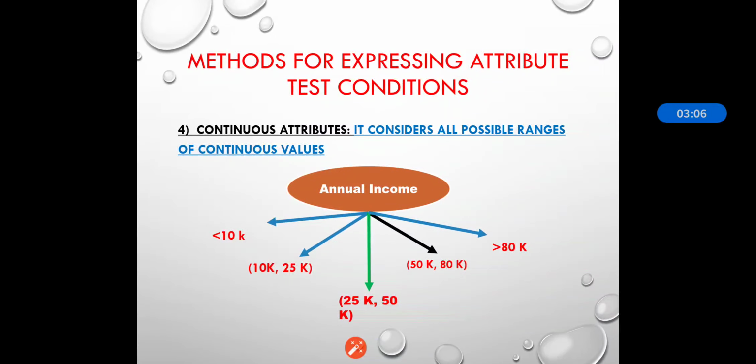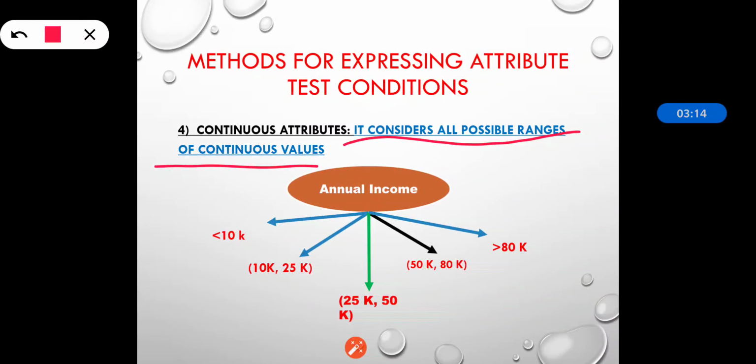And the next one is the continuous attributes. The continuous attributes consider all possible ranges of continuous values. The test condition can be expressed as a comparison test with binary outcomes, or a range query.